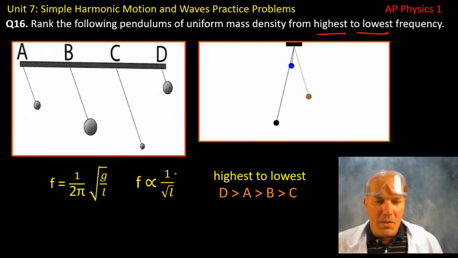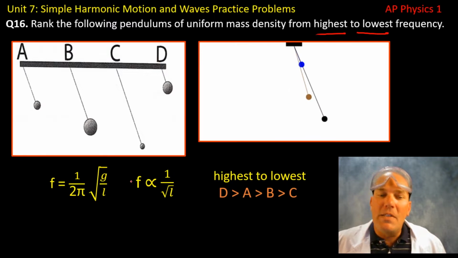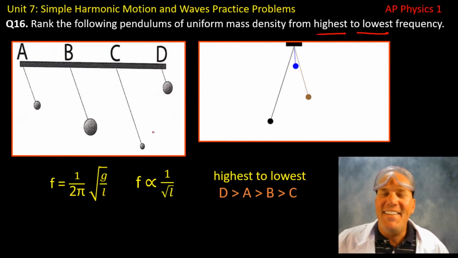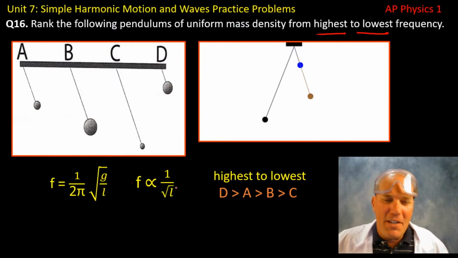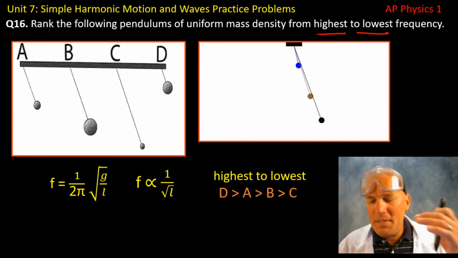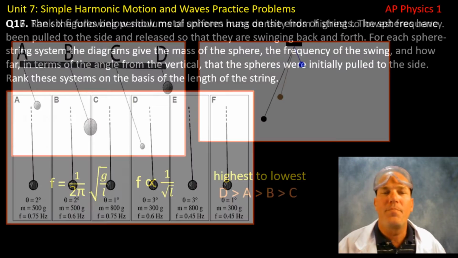All right, so as this number goes up, this number, frequency, goes down. And that's what we see for C, is that because it has the greatest length, it has the lowest frequency. D, A, B, C is your ranking from highest to lowest frequencies.